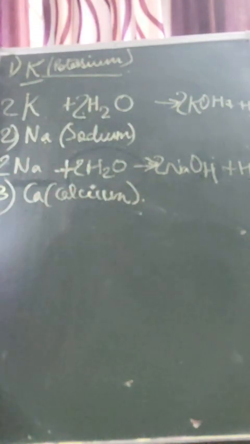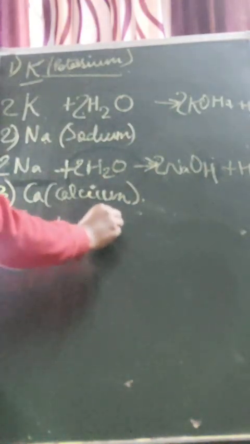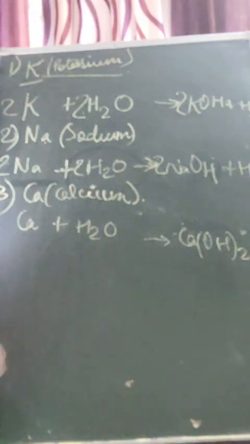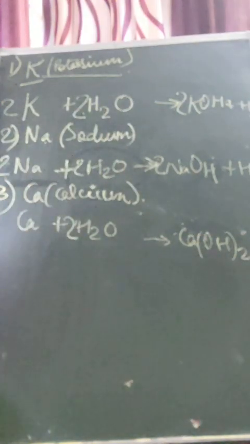Now when calcium reacts with cold water, it also gives a particular hydroxide plus H2. Now here we will take 2. Is this balanced? Yes, just balanced. Now this calcium turns the solution milky because calcium hydroxide is formed, which turns the water milky.